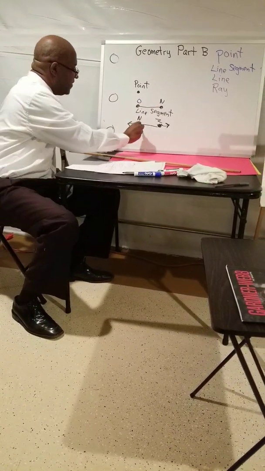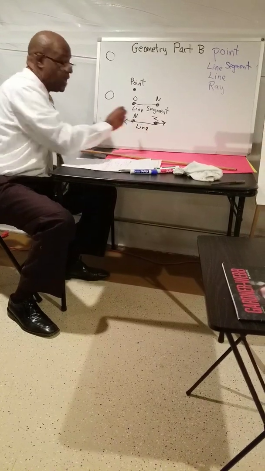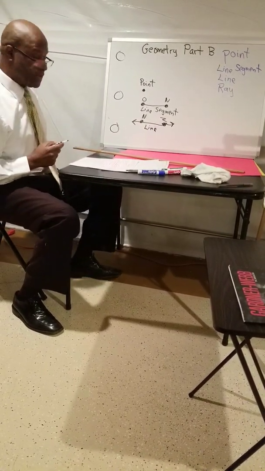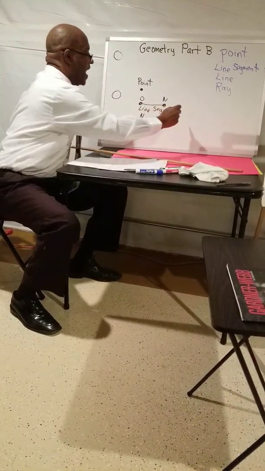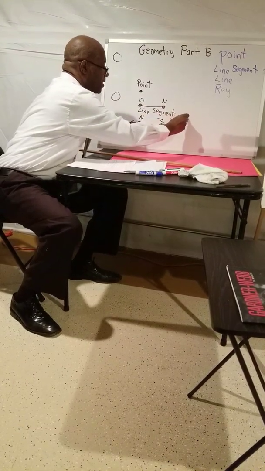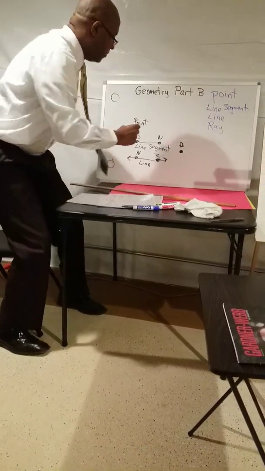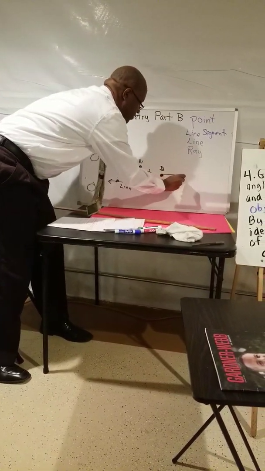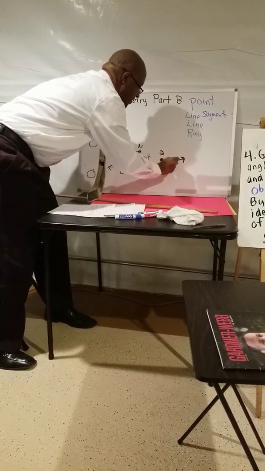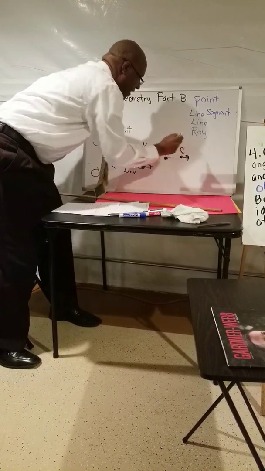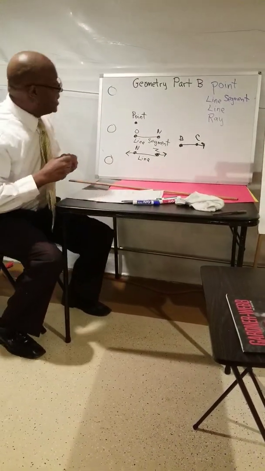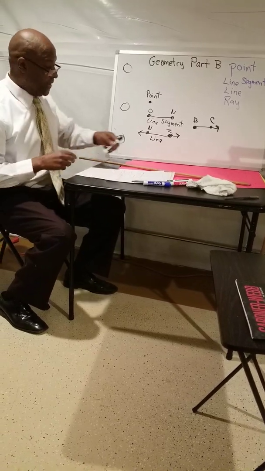But when you have a line, it continues in both directions. And then finally we had a ray, which has 1 endpoint, point B, and it continues in the other direction. So that's basically what we did in Part A.